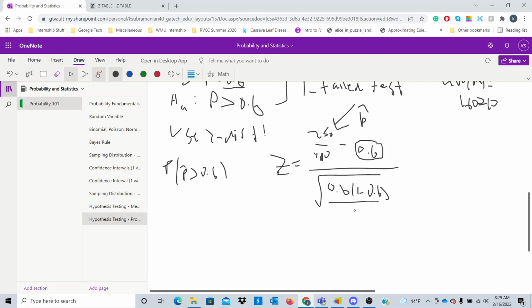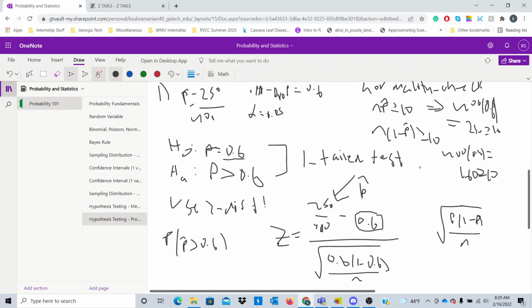So you use the formula square root of p times 1 minus p over n. And the reason why we're using 0.6 as our p is because we're assuming that our null hypothesis is the case. So we center our distribution where the mean is 0.6 and our standard deviation is using this 0.6. So we use this formula to calculate our standard deviation.